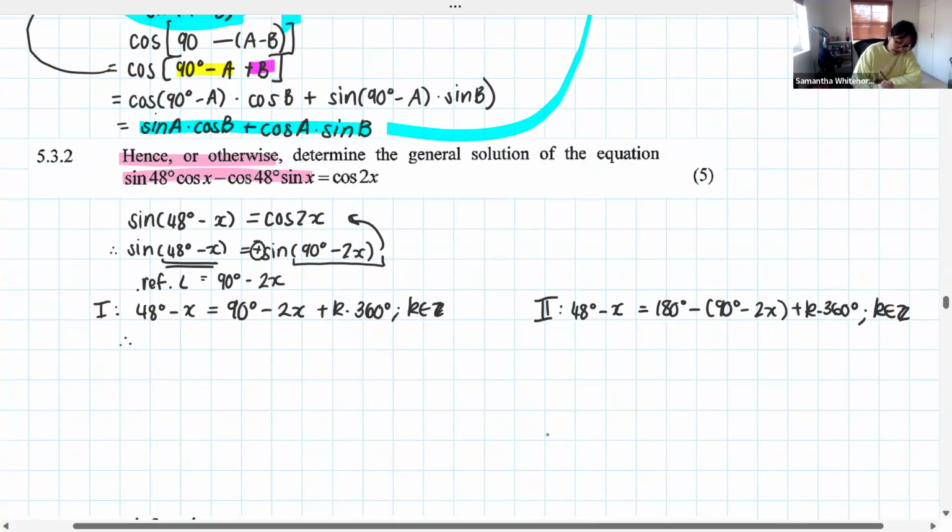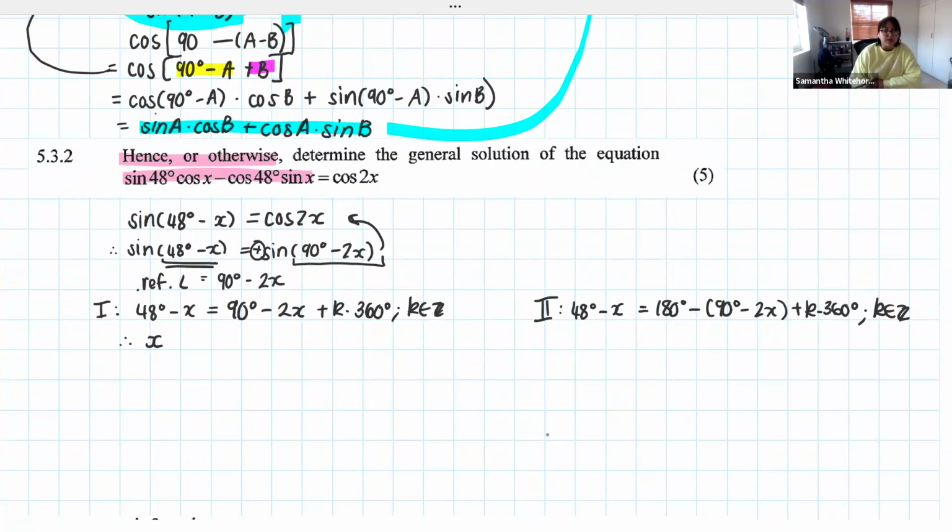So for quadrant 1, if I bring that negative 2x over, it becomes positive 2x, and minus x plus 2x is then just x. I have to bring the 48 over, so I have to say 90 minus 48, which is 42. So x equals 42 plus k times 360.